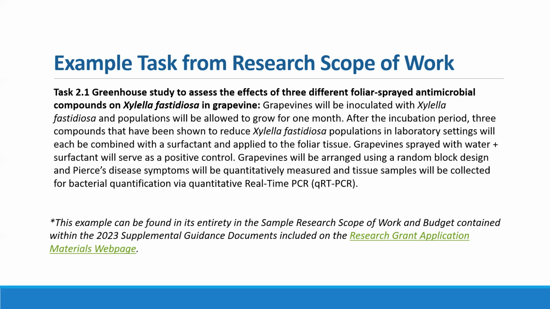If the task is written so specifically, and then when it's actually carried out in the real world, one of the components is not able to be carried out as written, it could trigger an amendment. So again, we recommend trying to avoid being overly specific in order to avoid having to go through an amendment process for that purpose.